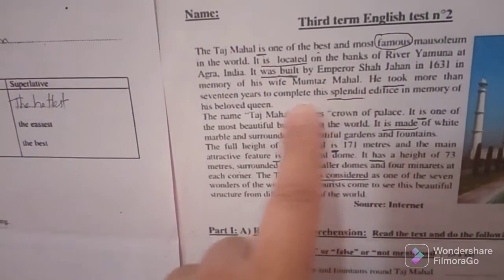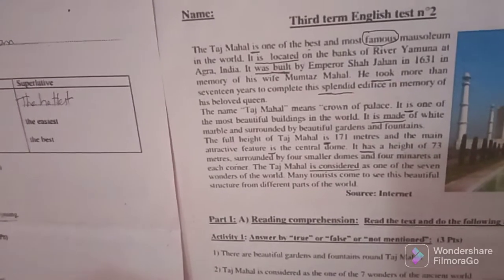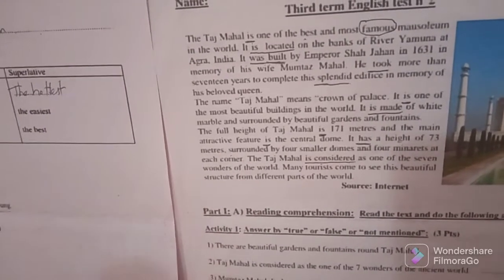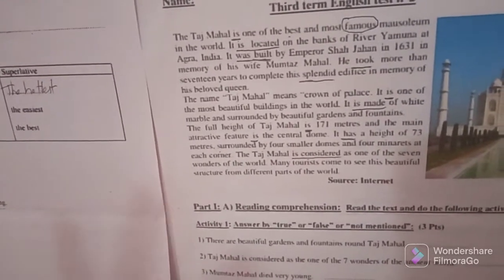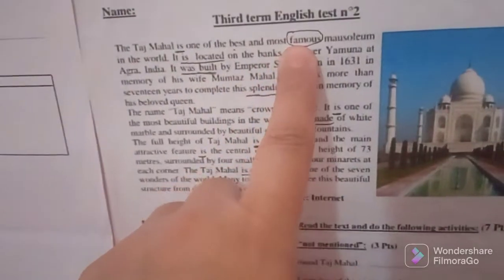So these are the verbs. When we move to the adjectives, they use strong adjectives: famous, splendid and beautiful. Why are they strong? Because when I talk about the Taj Mahal, we are talking about something well known, so we cannot use a simple adjective. We must use a strong adjective that has weight, because when it is famous it means it is universal.